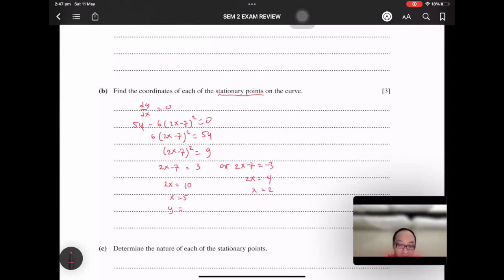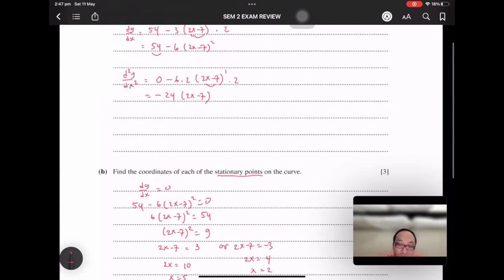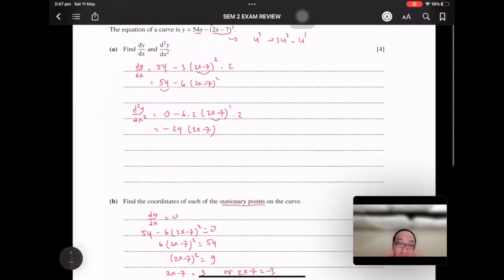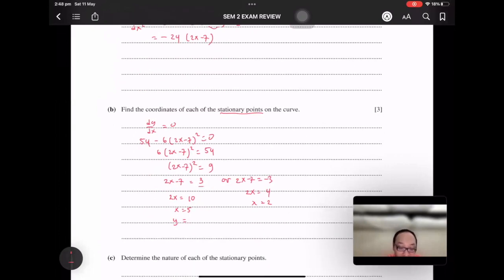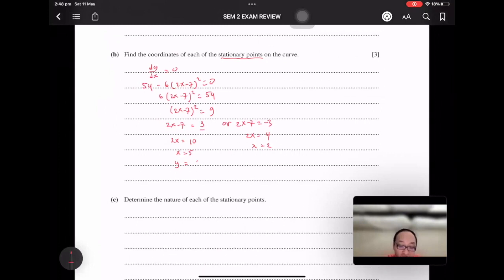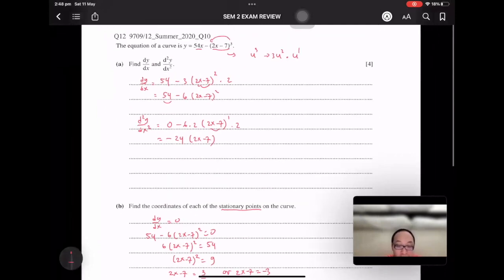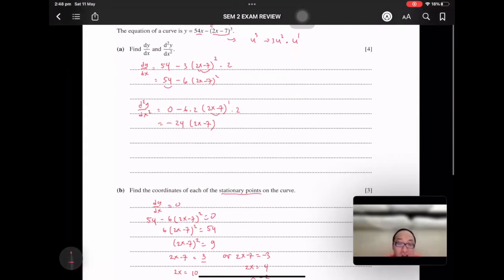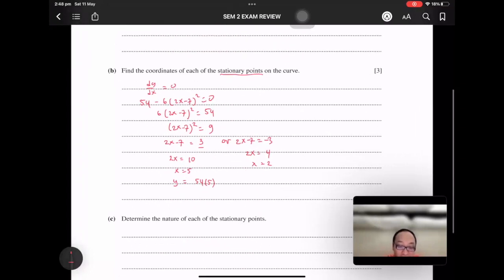For the y, we can put it into the original formula. When 2x minus 7 equals 3, the first one will be 54 times 5 minus (2x minus 7) cubed. So 2x minus 7 is 3, cubed, equals 54 times 5 minus 3 cubed, which is 243.